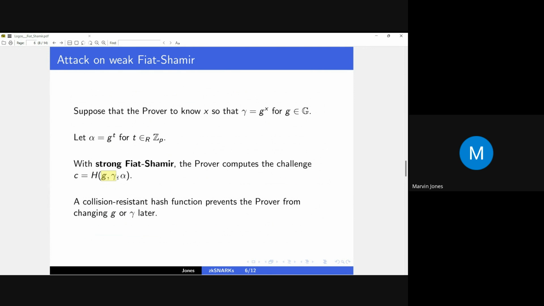Okay, so if you're looking at this, you go, well, this seems kind of obvious, and this certainly was in the literature.